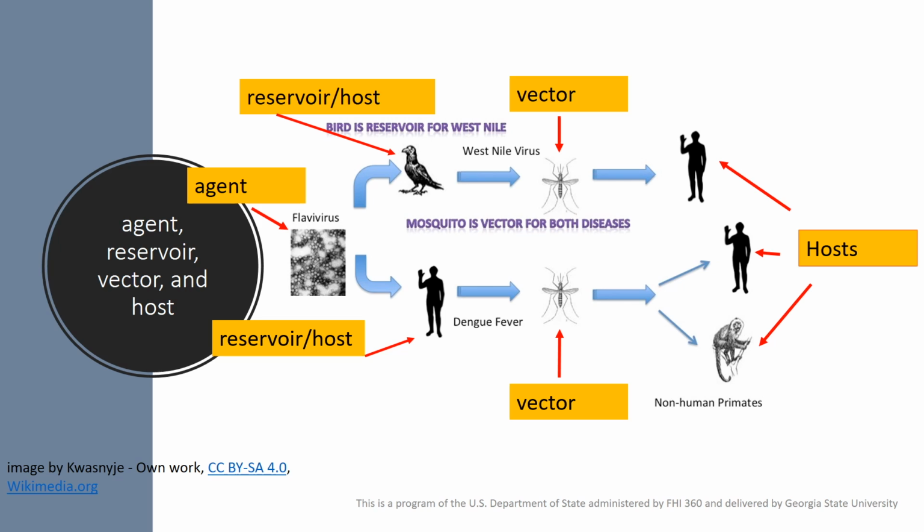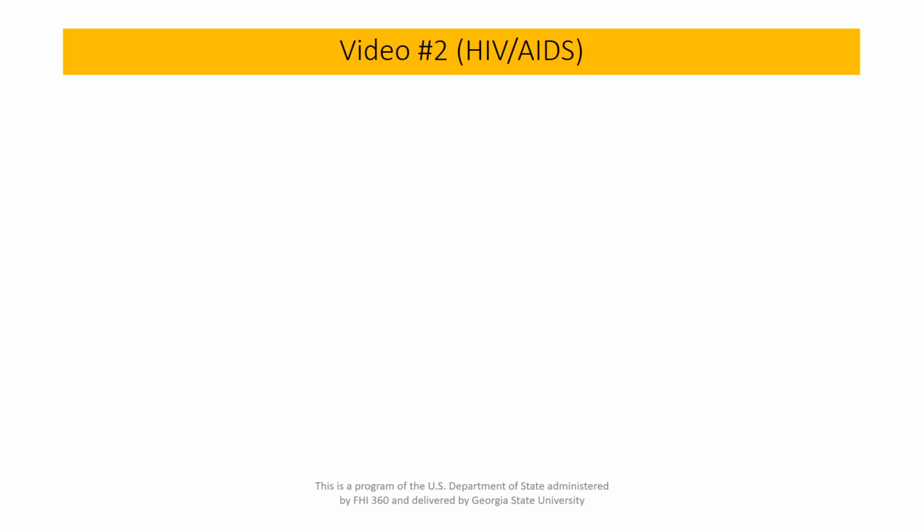Now let's move to video 2. Video 2, which is on HIV/AIDS, we have first some medical terms. We have immunodeficiency, which is the weakening of the immune system.